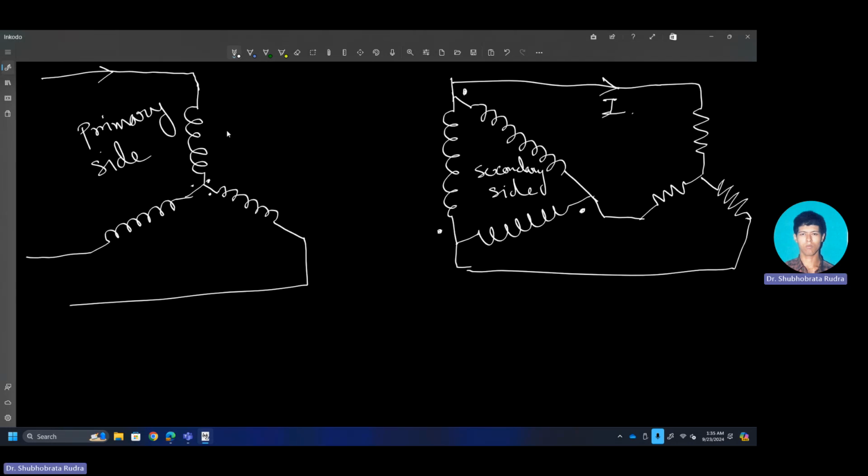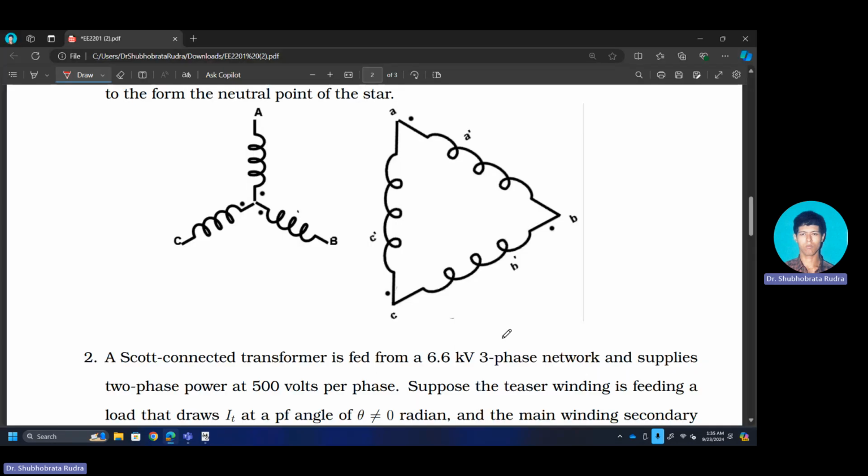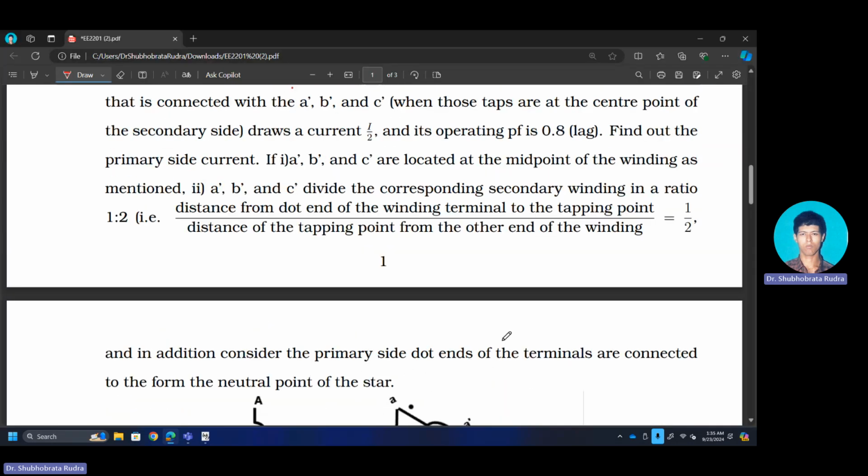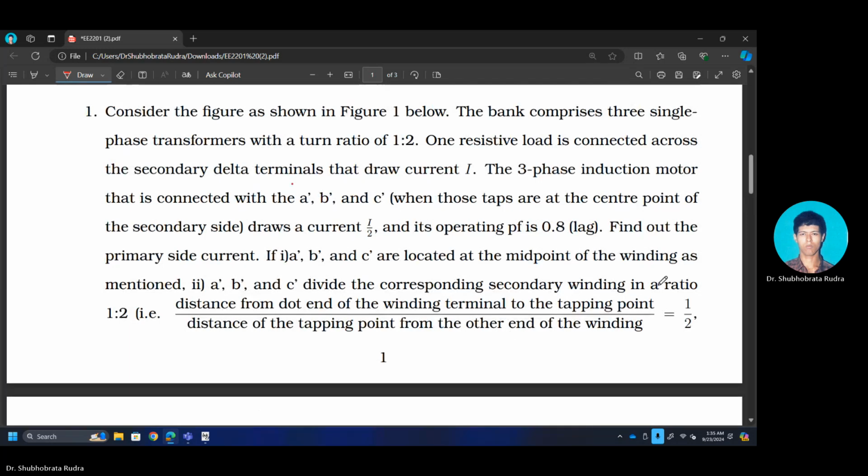This side star, this side delta, and this load is connected drawing a high amount of current. So we have to figure out the current when one resistive load is connected across the secondary delta terminals, drawing current I.